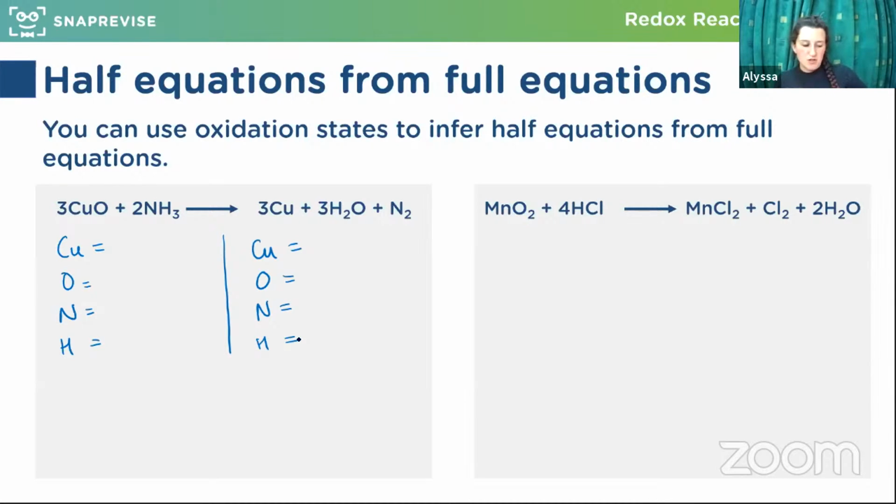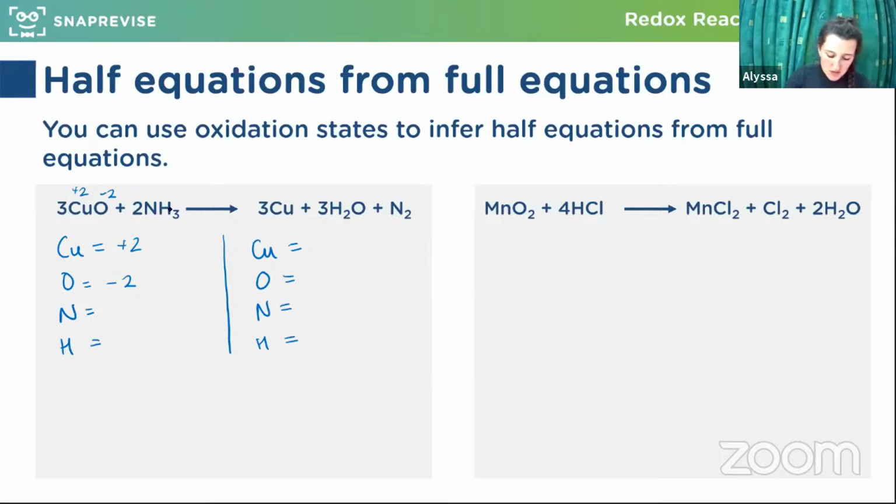So what's happened to the copper, the oxygen, the nitrogen, the hydrogen, and can you write our half equations to show what has happened? It's the same thing we were doing earlier when looking at what's been oxidized and what's been reduced. This time we're just writing an equation to show it. So in copper oxide, oxygen has -2, which means copper must have +2.